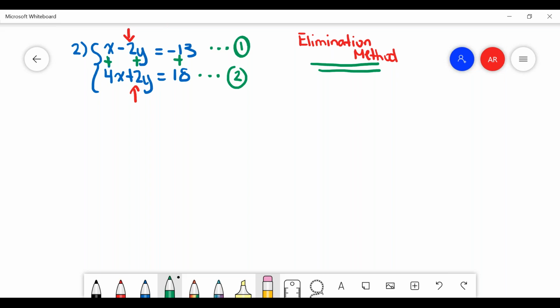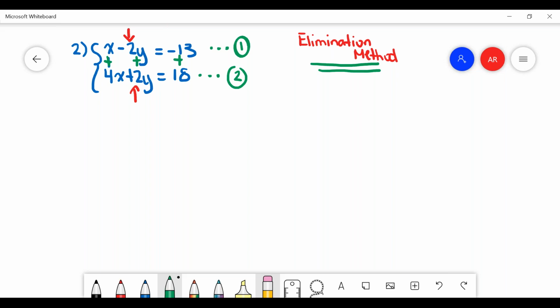As you can see, there are opposite coefficients on both y variables for both equation number 1 and 2. There is a negative 2 and a positive 2. So if you add those, they will basically cancel out. The variables which are in terms of y would be canceled out. Minus 2y and 2y would be canceled out if you add them.